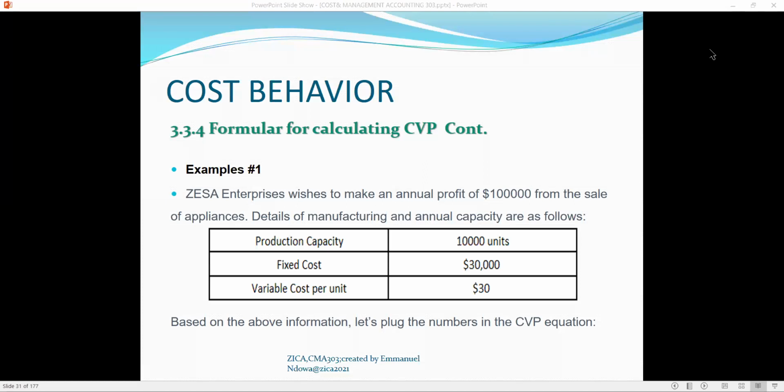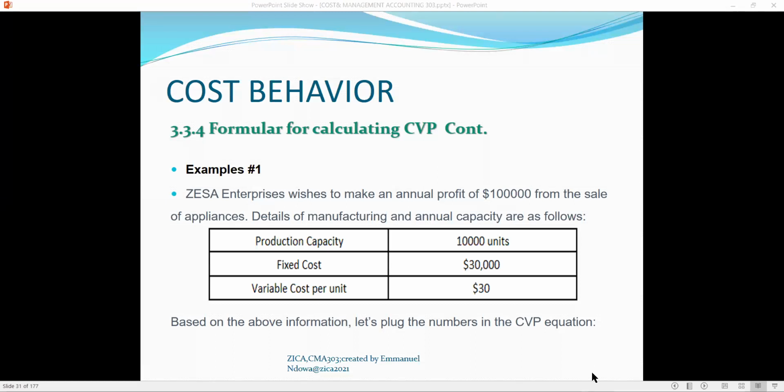So if we plug in the figures, we've got the production capacity of 10,000 units, the fixed cost of $30,000, and the variable cost per unit, which is $30. We then need to know, in order to calculate the break-even point, are we still remembering the formula?